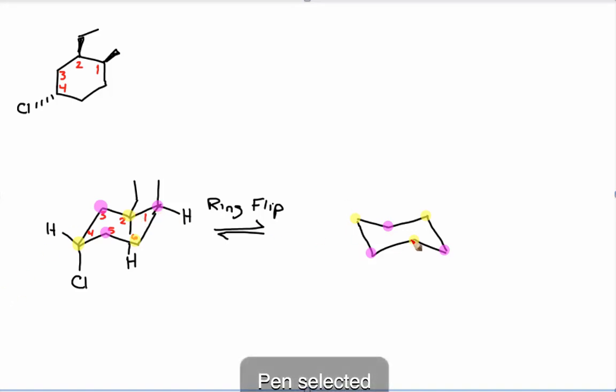So carbon 1 that was an up carbon is now this down carbon, and we can number around the ring. Okay, so now all we need to do is draw in our substituents.